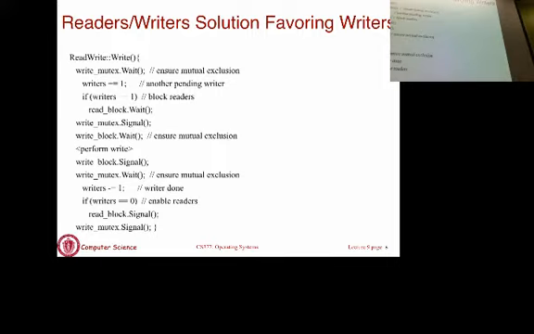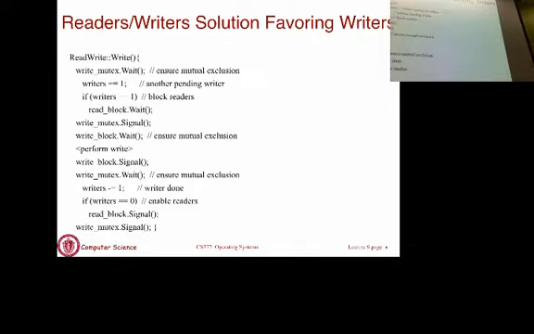You are going to have now a read count and a write count. The first writer that comes in is going to increment the number of writers, and then it's going to block all the readers at this point. It explicitly does a read block semaphore wait and blocks all the readers. Then it is going to grab a lock to perform the write.